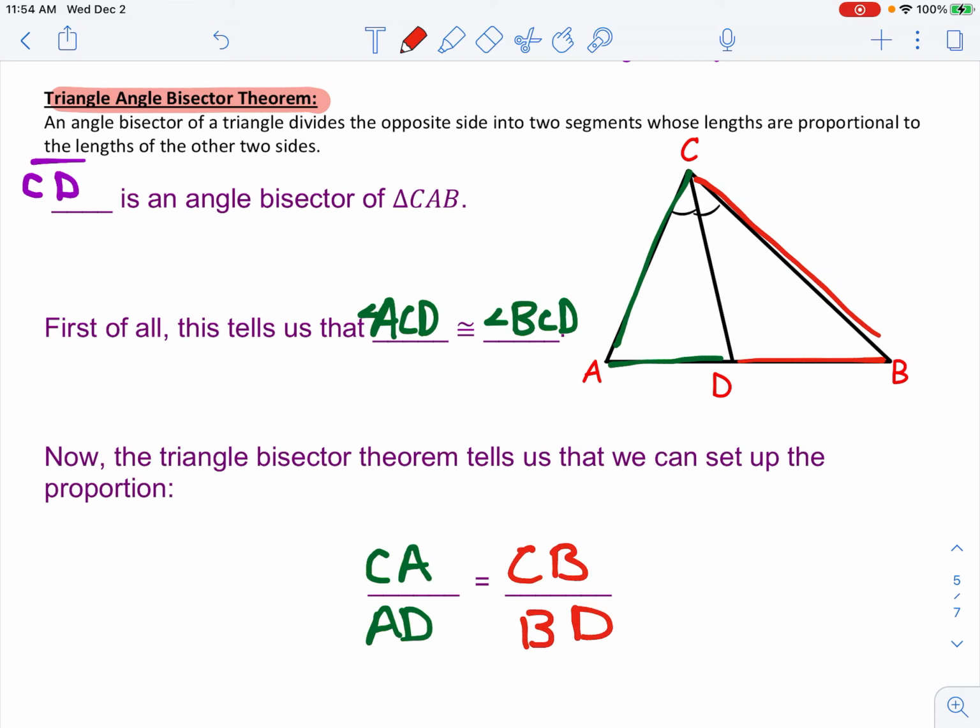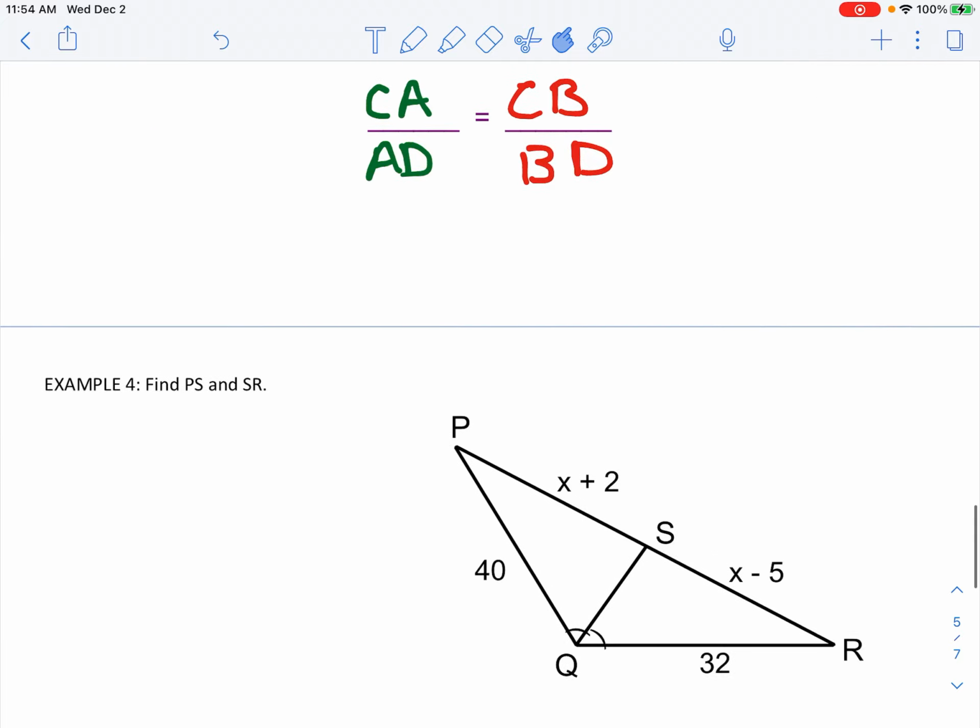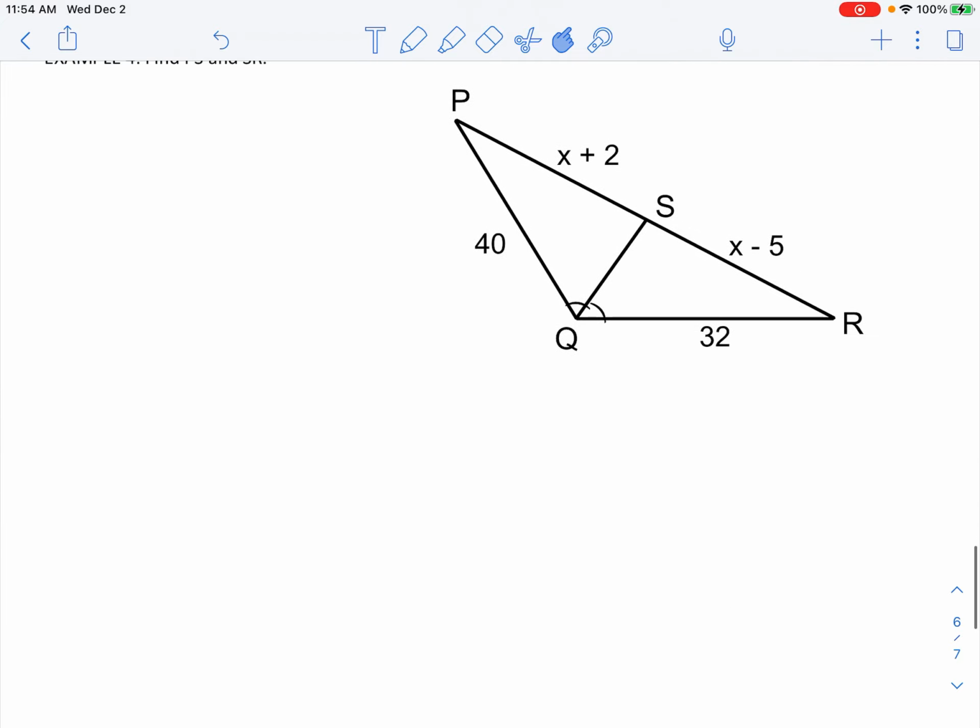All right, so again, we can go left to bottom, right to bottom. I could go left to right, left to right. As long as we stay with the pattern in this picture, it will always get us to the correct answer. So let's look at an example with an angle bisector. As long as I stay with the pattern, there's multiple ways I could set it up.